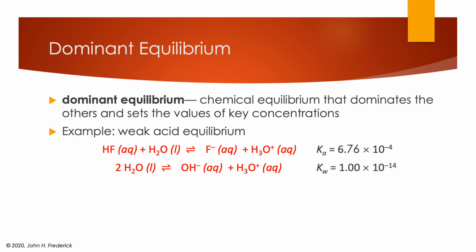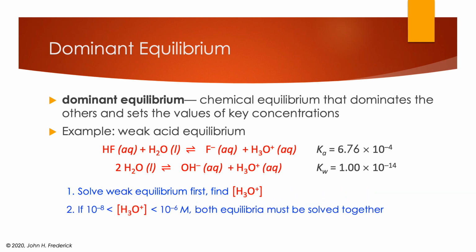How would we approach this? Well, you solve the weak acid equilibrium first, and you find the hydronium ion concentration. You assume that it's the dominant equilibrium based on the magnitudes of the equilibrium constants. You then test it. If that hydronium ion concentration is right around 10 to the minus 7, which we know is the concentration of hydronium ion in pure water, if it's within a factor of 10 of that, then it's probably the case that we have to solve both of the equilibria together.